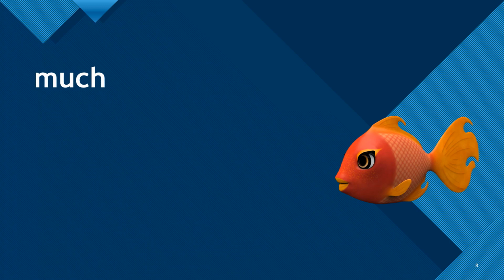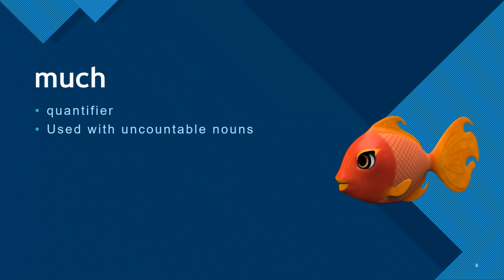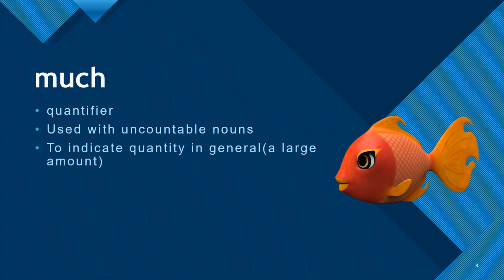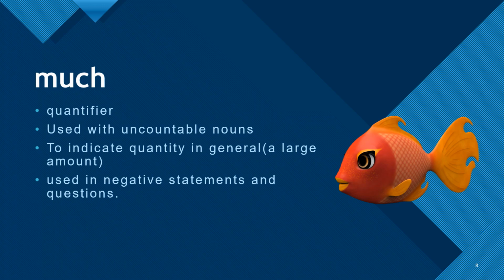Next is much. Much is also a quantifier. We use much only with uncountable nouns. It is to indicate quantity in general, usually a large amount. And it is used in negative statements and questions.